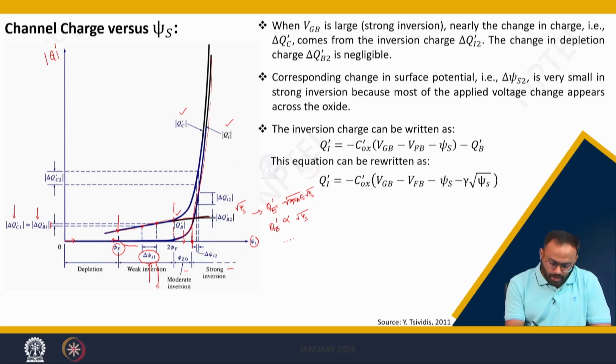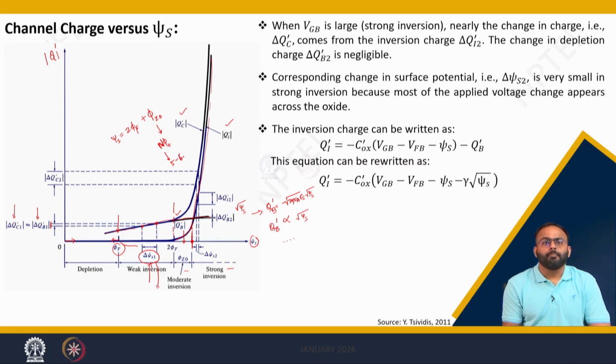So in general, we will take the onset of strong inversion as psi s equals 2φF plus a new quantity phi z0. Here phi z0 is some multiplier of phi t. So let us say I am taking a capital N, where capital N can be 5 or 6.